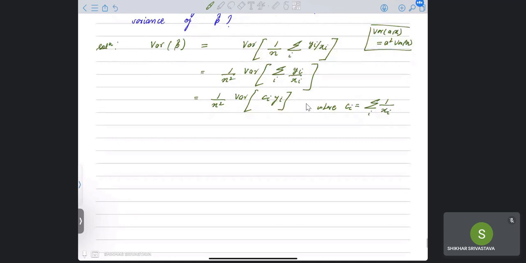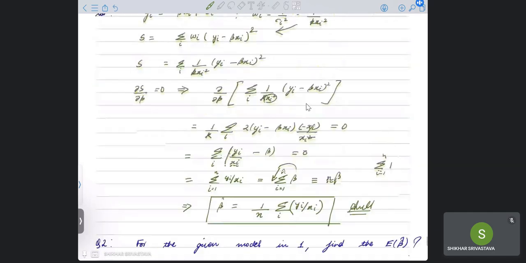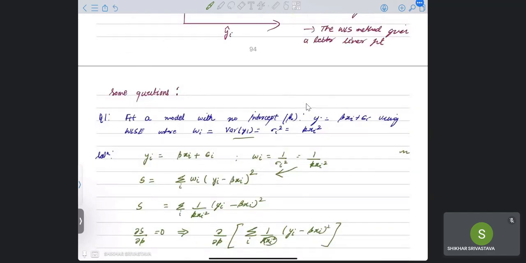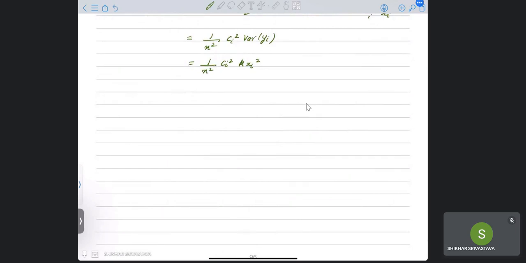Now using this property, it will become ci square times the variance of y. And the variance of y, which they have already given in the question, is k times xi square. So you just put this.